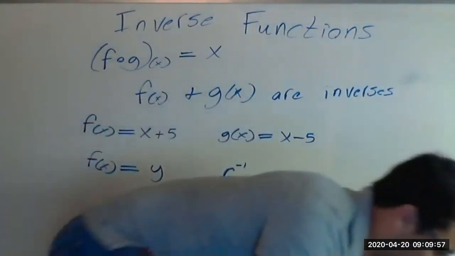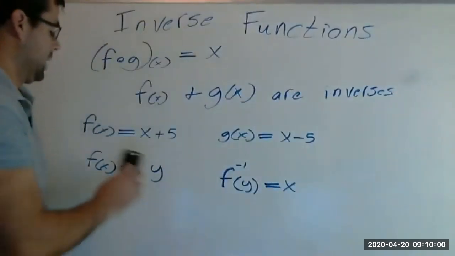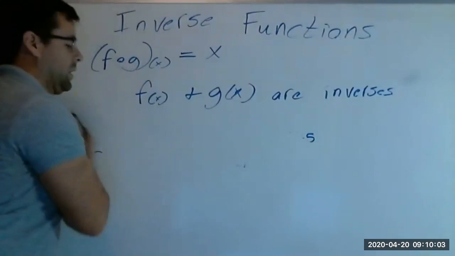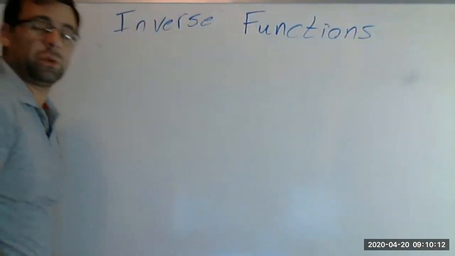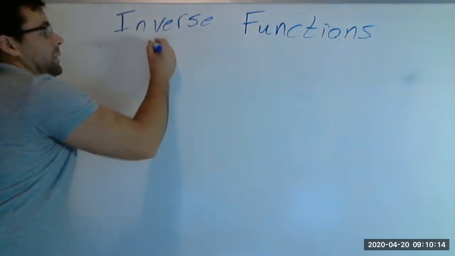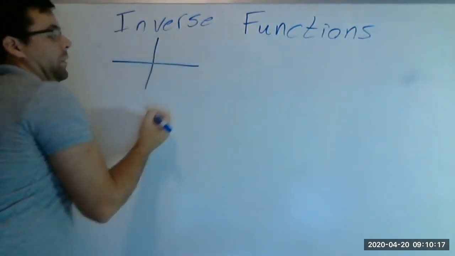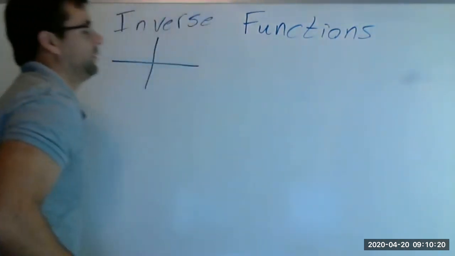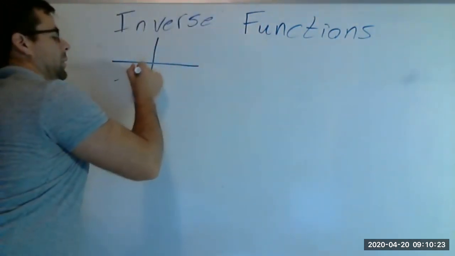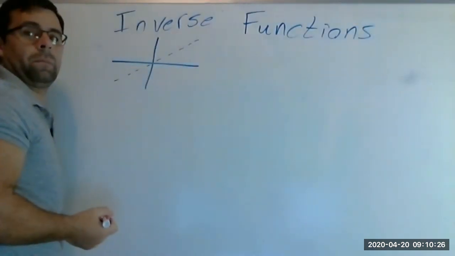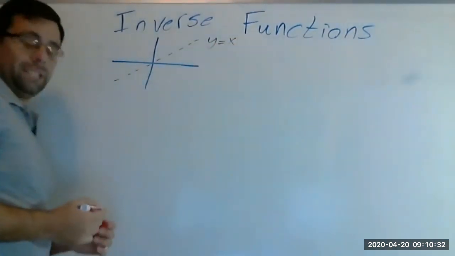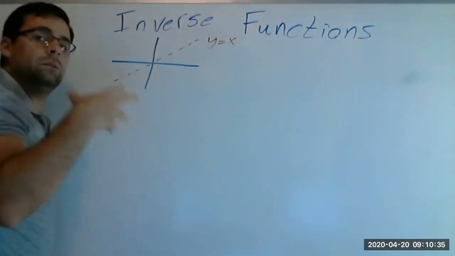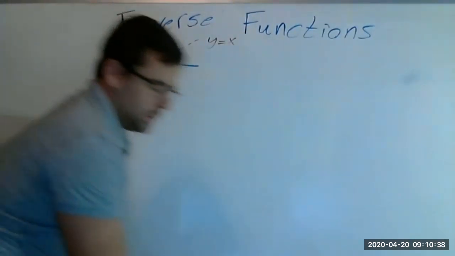This was a reflection over the line y equals x. If you wanted to do a reflection over a line that went like that, the way we did that is we took y and switched it with x.